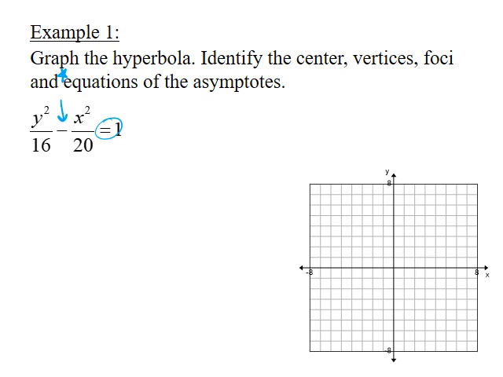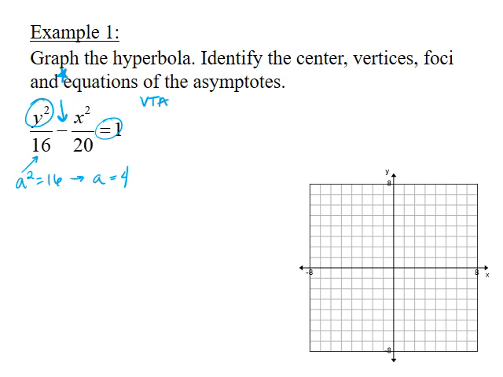Now looking at this, because I know it's a hyperbola, I want to look at the variables. Because the y value is first, or positive, this tells me that I have a vertical transverse axis, and a squared is 16. If a squared is 16, this tells me a is 4.